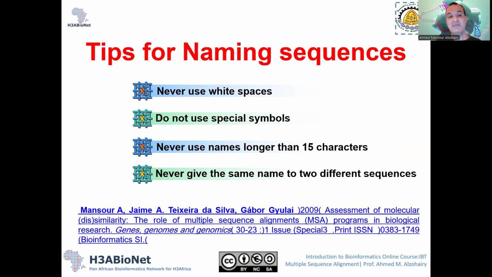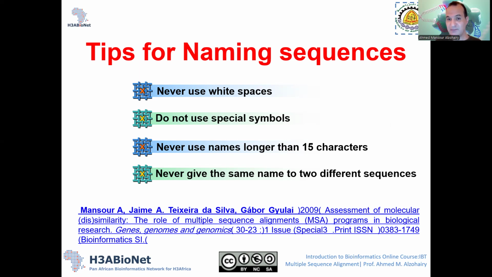So do we have some tips for naming sequences before using a multiple sequence alignment program? Try to be sure that your sequence names never use white spaces, don't use special symbols, never use names longer than 15 characters, and never give the same name to two different sequences.